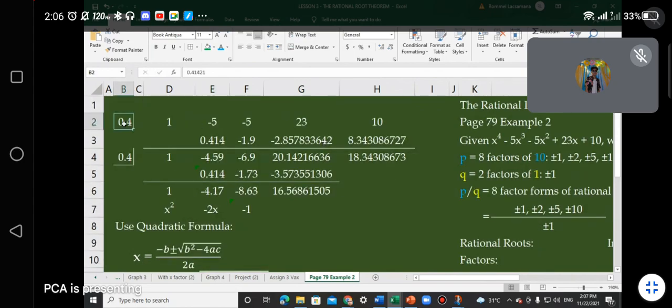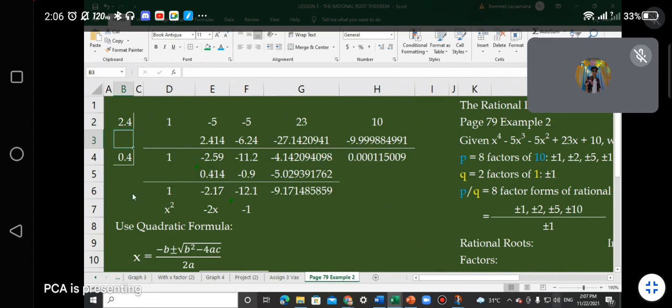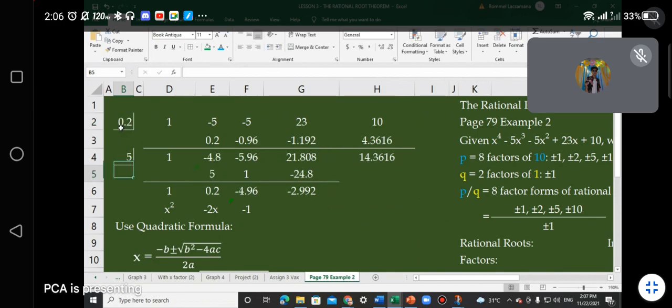So for 2.41421, it works. You notice it's giving you 0, but there's a decimal, round it off to 0. For 0.41421 it's not. So just try that one. Negative 2 and 5.